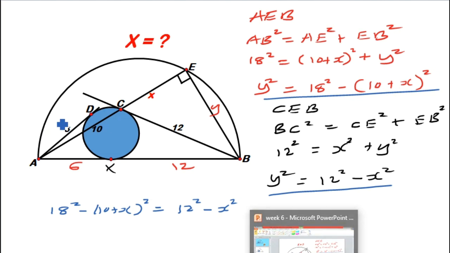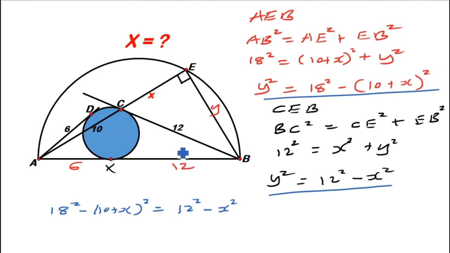So you collect the like terms. Now 12 squared coming to this side of the equation, we will have 18 squared minus 12 squared equals, the negative of this term going to the other side, (10 plus x) squared minus x squared.